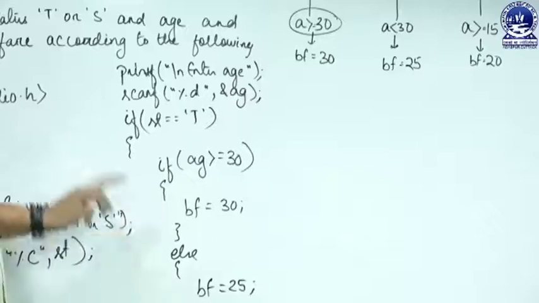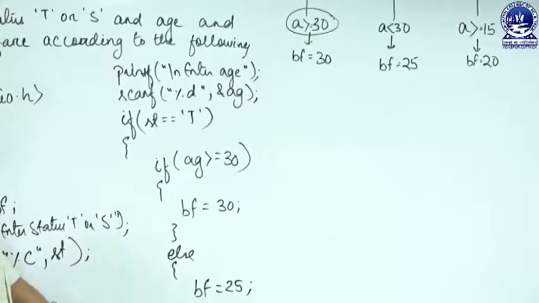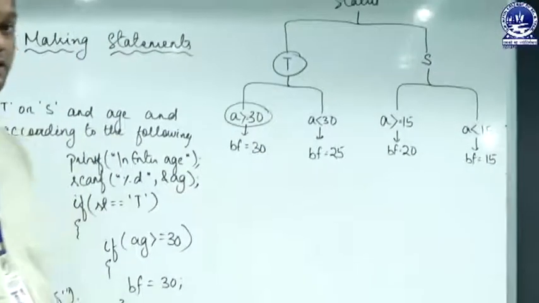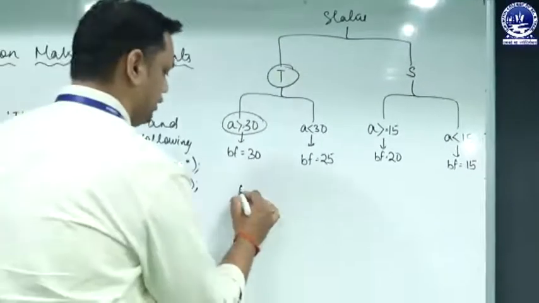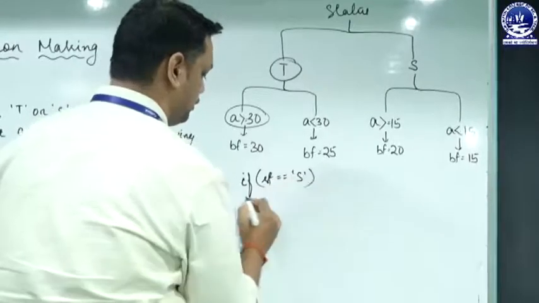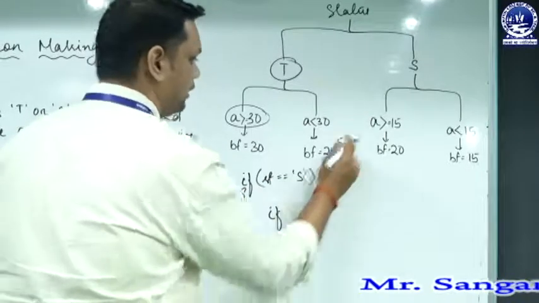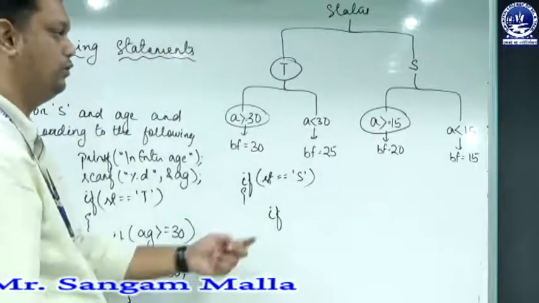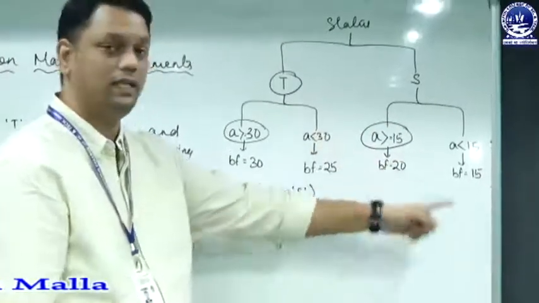So we have closed the curly bracket of the first if condition. Next, I have to check the status of S, that is student. So again I will write if ST equal to S, that means student, then it will check the age of the person, that means whether the age of the student is greater than or equal to 15 or less than 15.